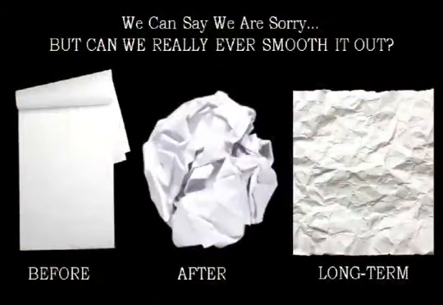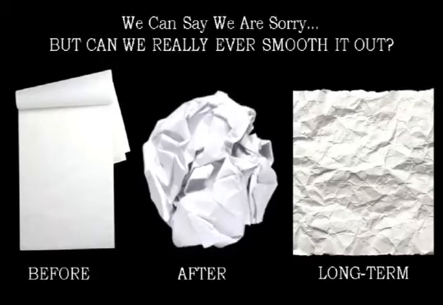Let's go to the next visual there. Now, it says, we can say we are sorry, but can we really ever smooth it out? All right? Now, I want you to think of this. Take a blank piece of paper, like typing paper. That blank, smooth piece of paper is somebody's feelings before you say or do something when you're angry.